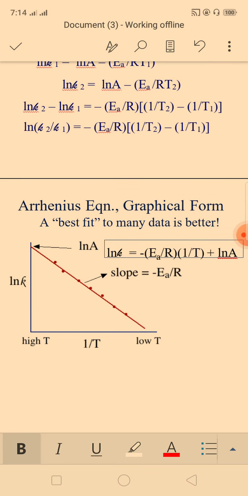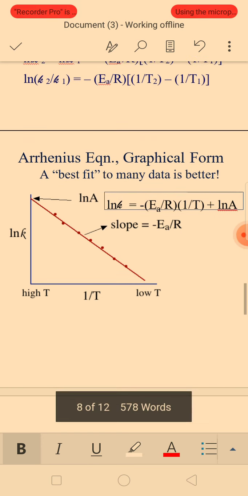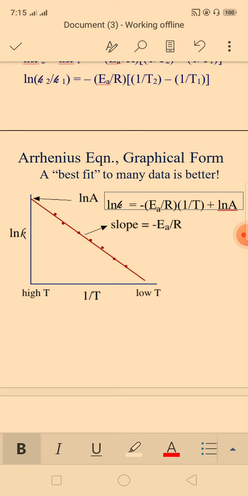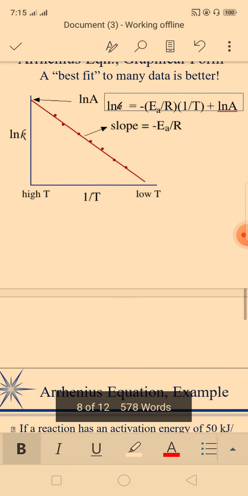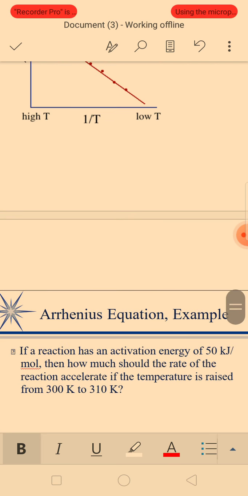Its slope will be equal to minus EA over R. So we can determine the slope if we are given the energy of activation. Energy of activation divided by the universal gas constant 8.314 gives the slope of the line. This is all about the energy of activation.